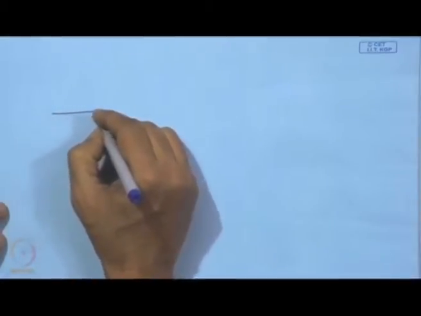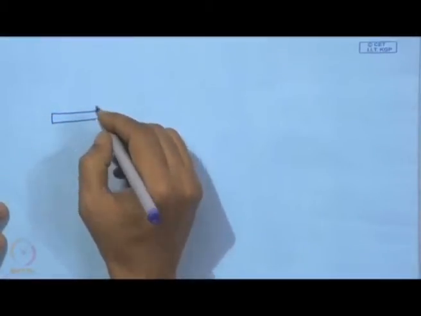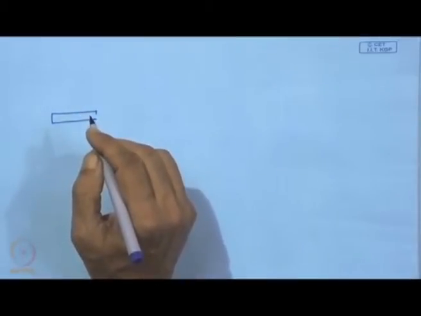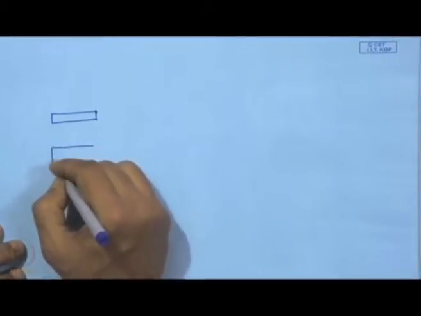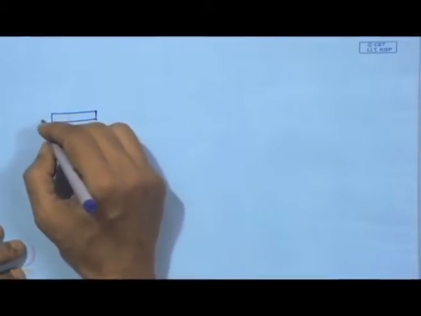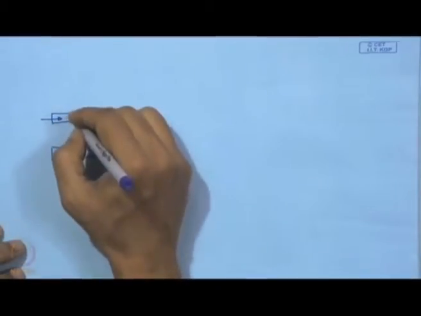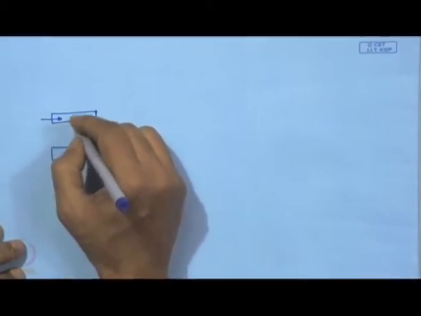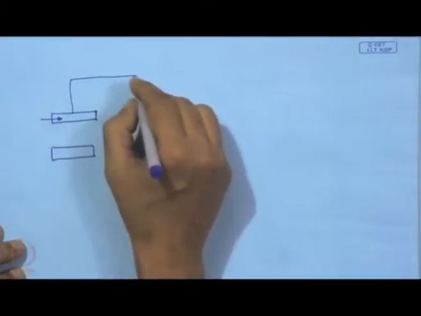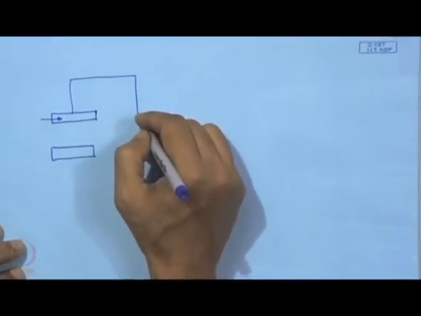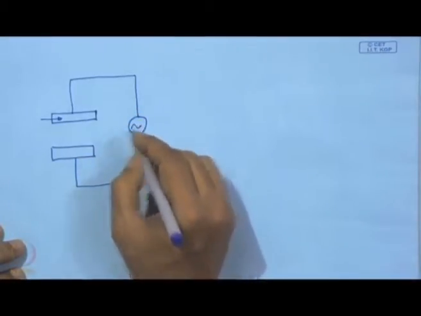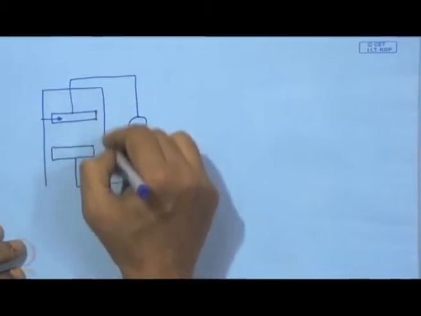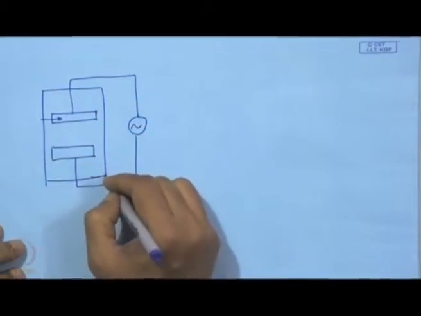However, when we have a conducting cathode or conducting target, which is provided with this alternating voltage, within this chamber, then what is going to happen?